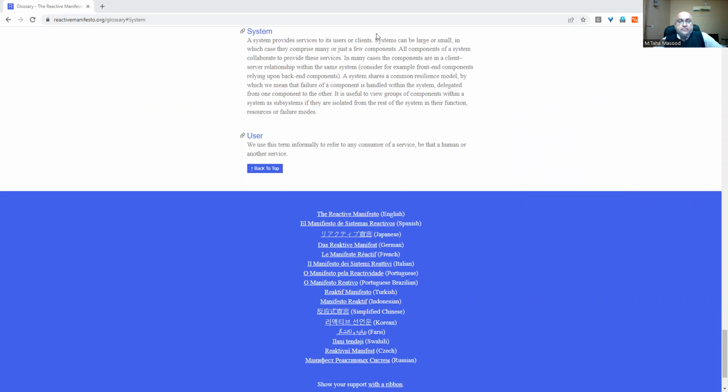Okay. So what is it saying? This common resilience model is important. It is a common way with which it can recover from a problem, basically. So let's say this outer box is a system, and let's say there is a database within the system. All right.